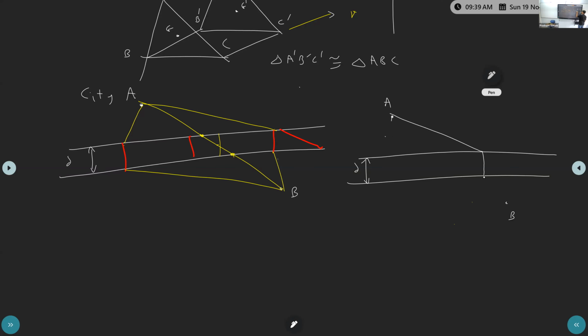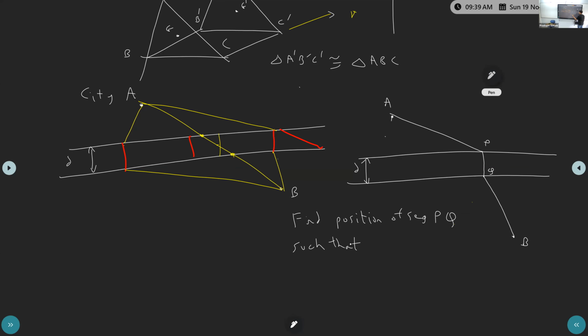So let us call the endpoints of the bridge P and Q. So find the position of segment PQ.